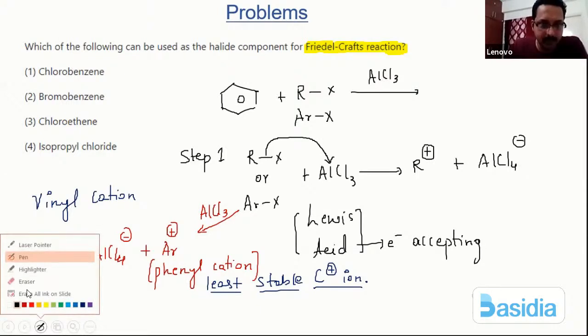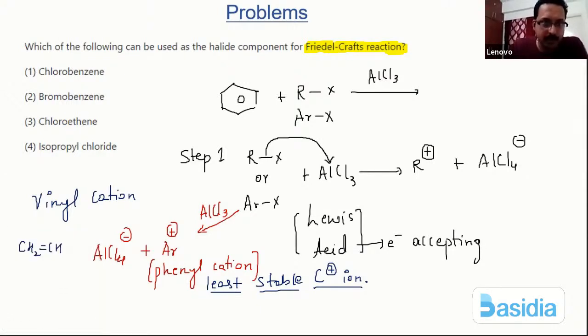If the Cl departs from here, it is going to generate a positive charge, a vinyl cation. Now you have to understand that both these cations, the vinyl cation and the phenyl cation, fall in the category of least stable carbocations. So forming such carbocations is very, very less favorable.